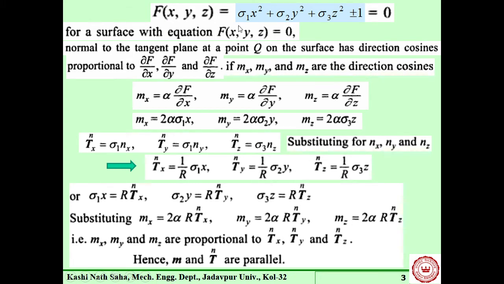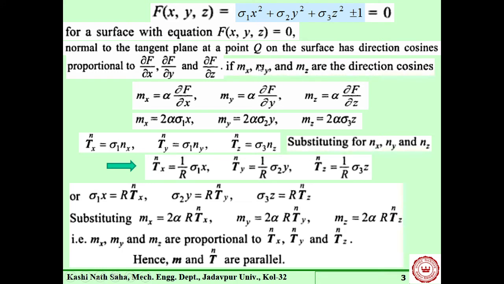Okay, fine. So for a surface with an equation, this is a generalized equation, any surface will have this sort of equation. Then the normal to the tangent plane at point Q, that means the outer normal, on the surface has direction cosines proportional to the partial derivative of function f with respect to x, the partial derivative with respect to y, and so on.